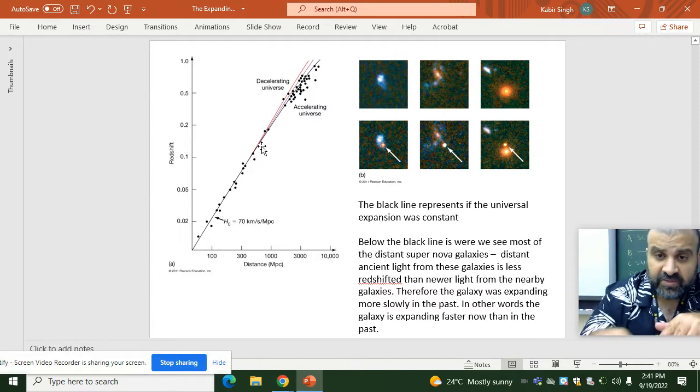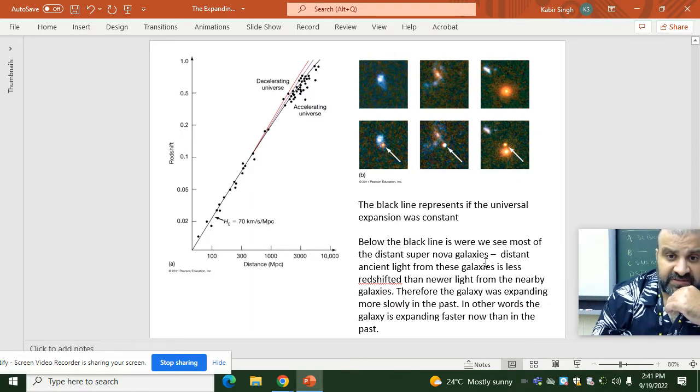Below the black line, though, is where we see most of the distant galaxies. The distant galaxies are not fitting on the straight line we would expect. Most of the distant galaxies are below. So ancient light from these galaxies is less redshifted than we initially predicted.